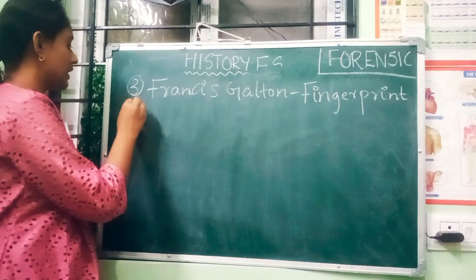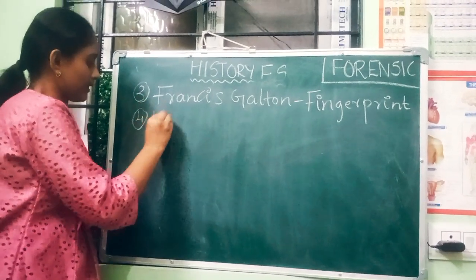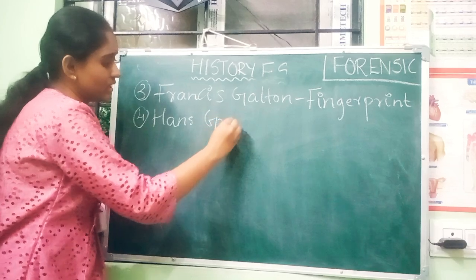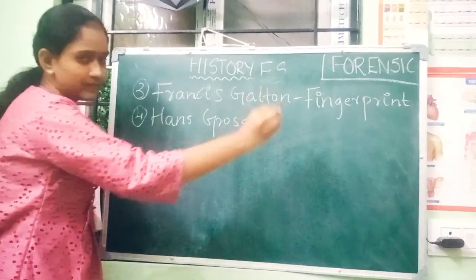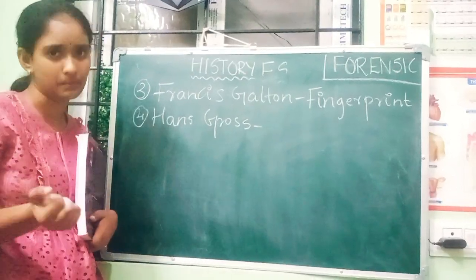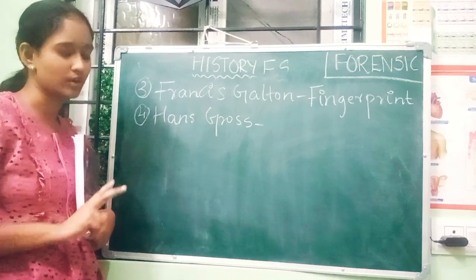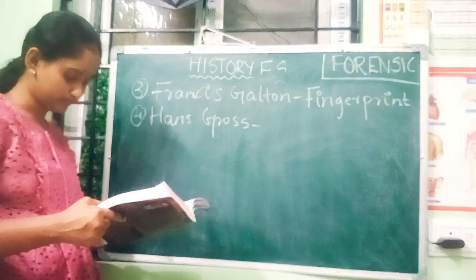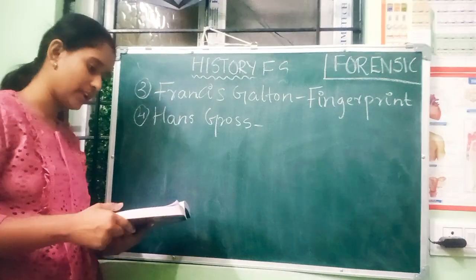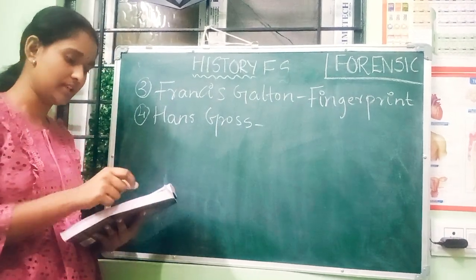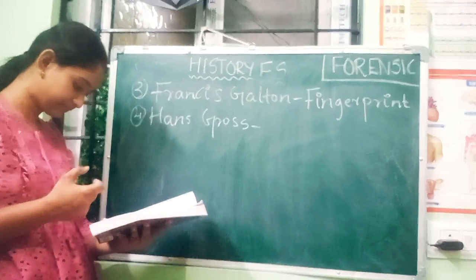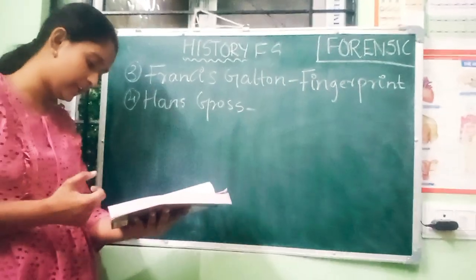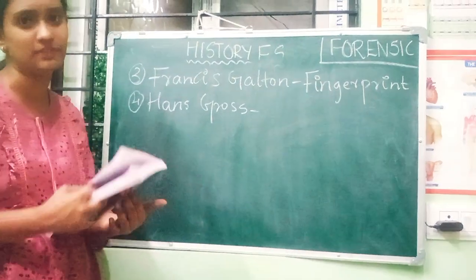And then Hans Gross. You can think of him as being from Austria, and he is a lawyer by profession. He is not in the forensic science field, but even so he published a book, Criminal Investigation, because he spent many years studying and developing the principles of criminal investigation.